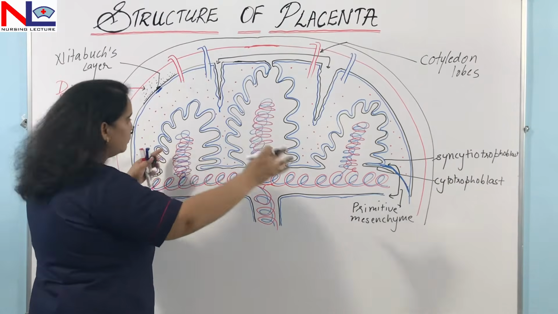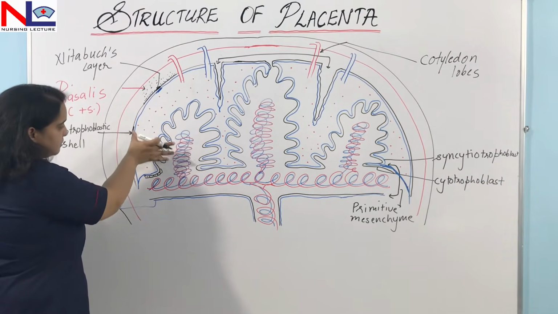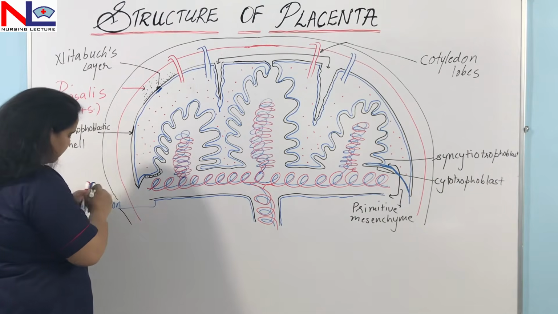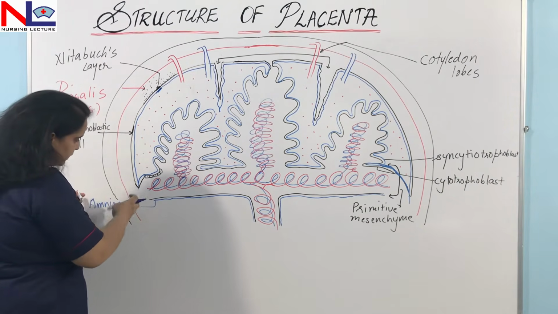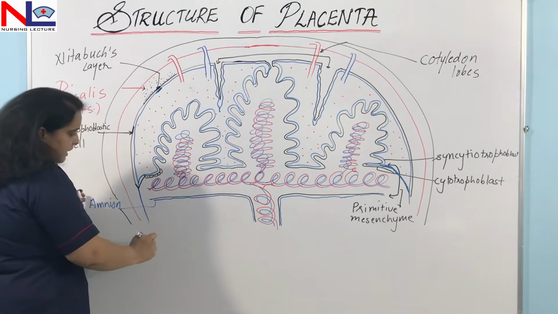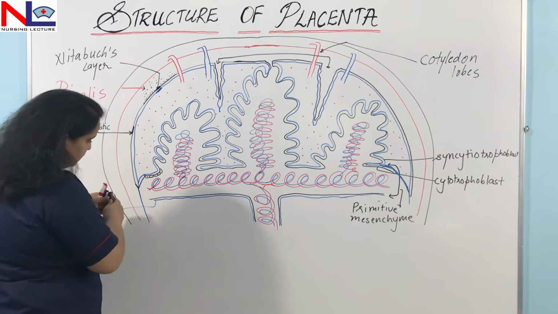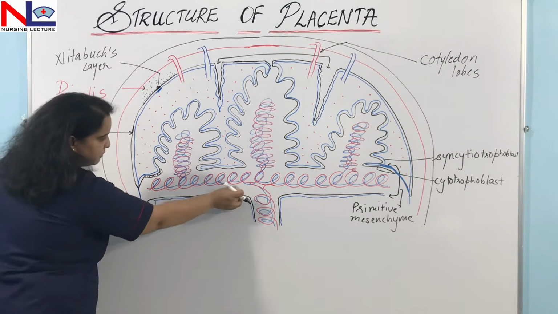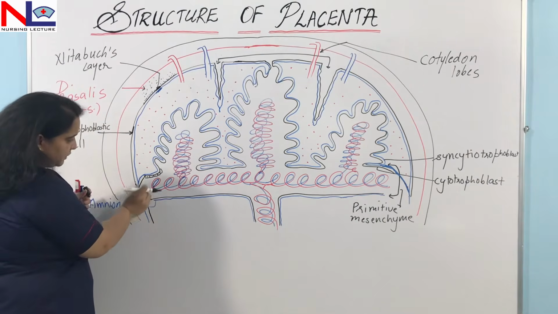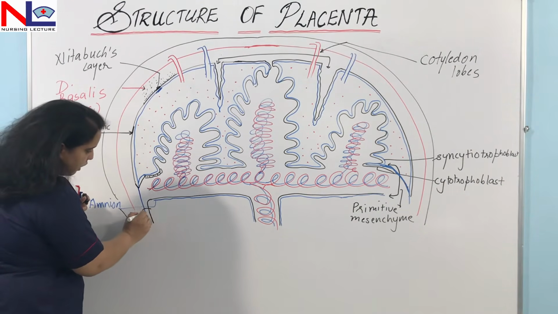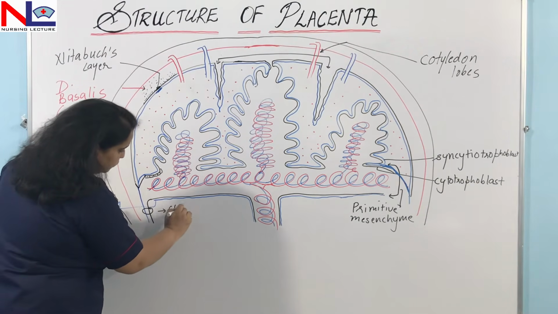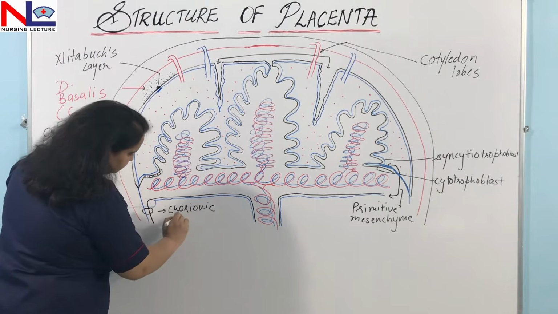So what is happening here? As this fetus grows more and more, this placenta becomes discoid in shape, and here the trophoblastic linings become fused together. Here you can see these become fused together, and the fused trophoblastic lining and the mesenchymal tissues, these are the mesenchymal tissues, and the fused trophoblastic cells form at the edge of the placenta the chorionic leaf.